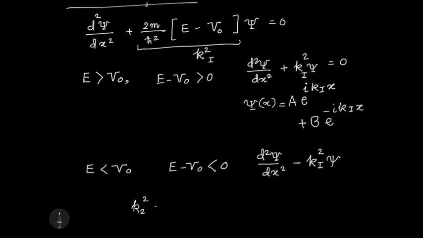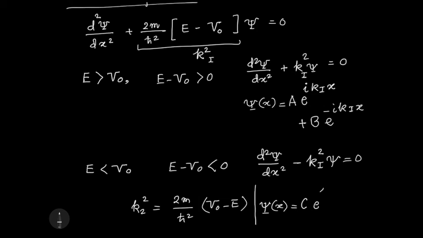K2 square is 2m by h cross square times V0 minus E now, and this equals 0. And you know that this has exponential solutions without the i. So let's call it C e to the k2x plus D e to the minus k2x.